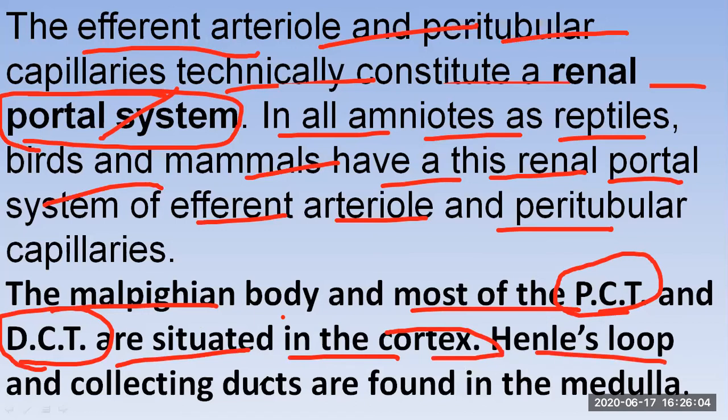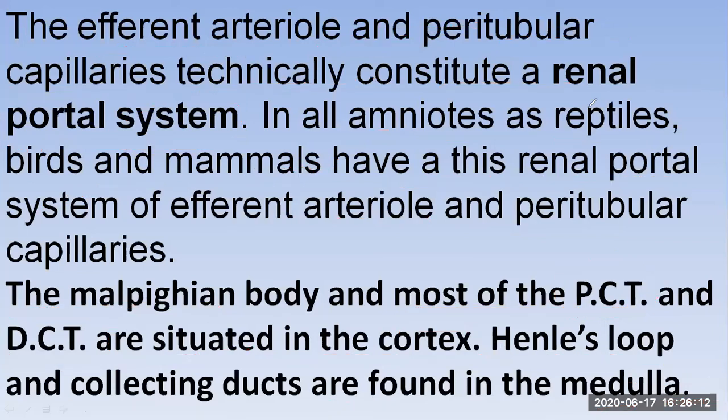Loop of Henle and collecting ducts are found in the medulla region. Okay, so this is the detailed structure of the nephron. So nephron has two parts. First is the Malpighian body or renal capsule and another is the renal tubule.